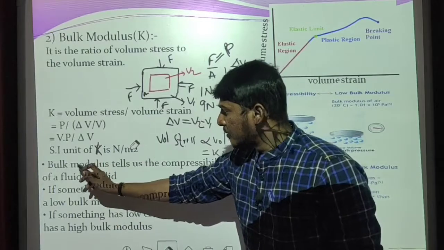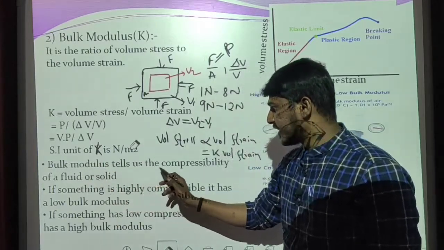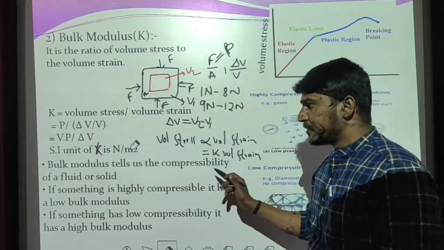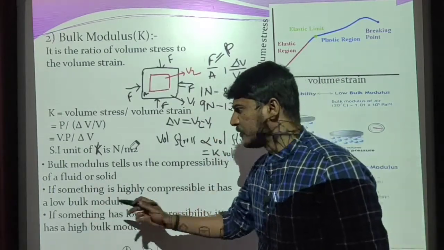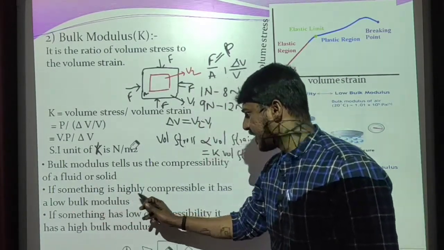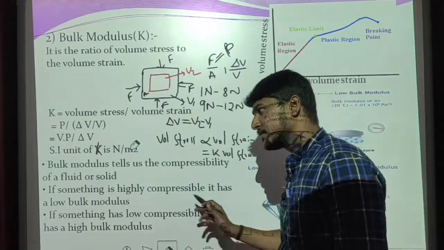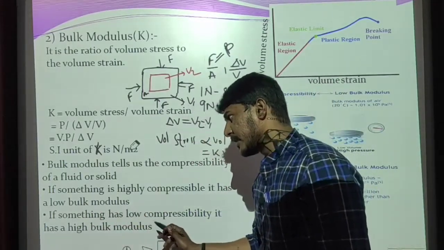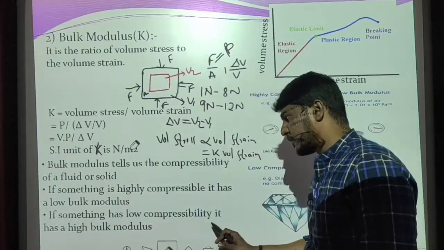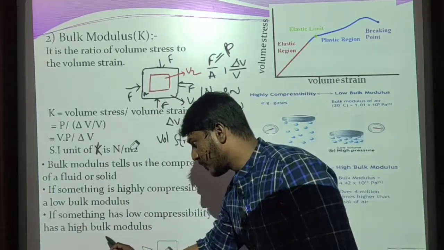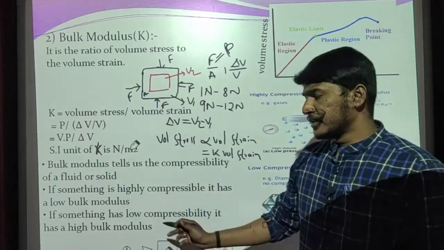Here bulk modulus tells us the compressibility of fluids or solids, and if something is highly compressible, it has low bulk modulus, and if something has low compressibility, it has a high bulk modulus.